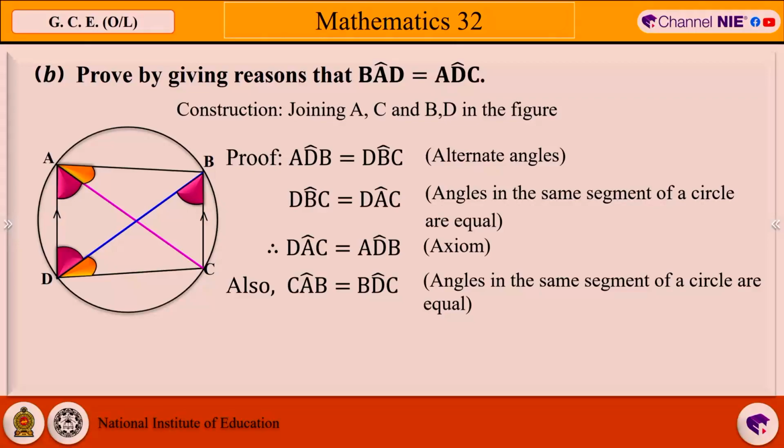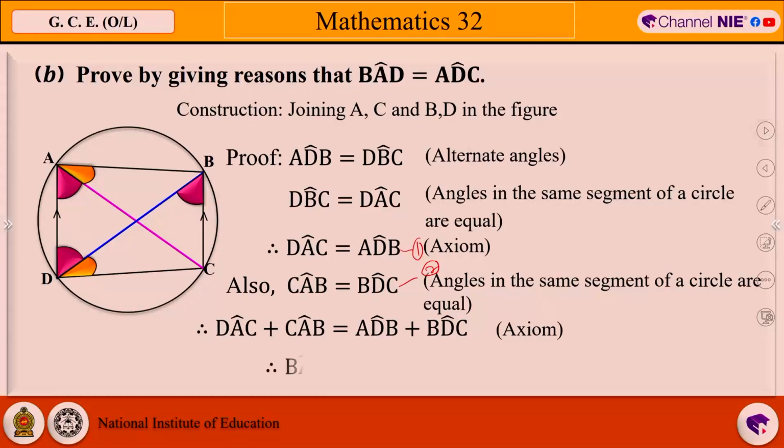Now, if we add this equation and this equation, you can see DAC plus CAB equals ADB plus BDC. DAC plus CAB means the angle DAB. Okay. Then ADB plus BDC means the angle ADC. So, finally, we prove the given relationship.